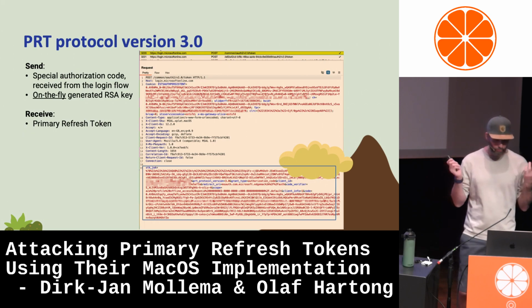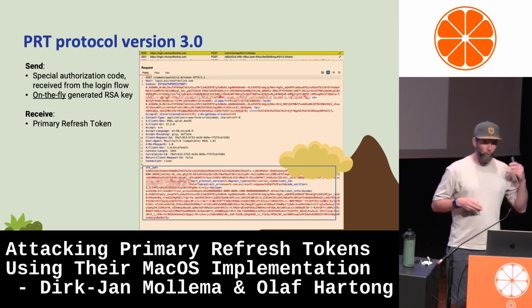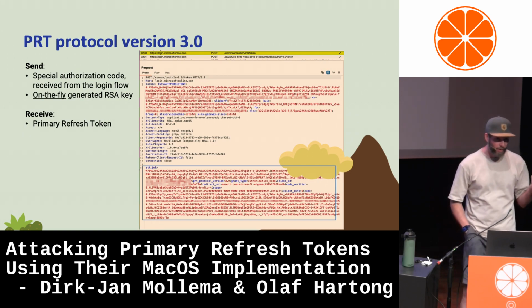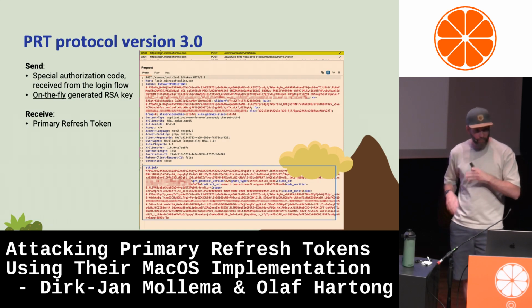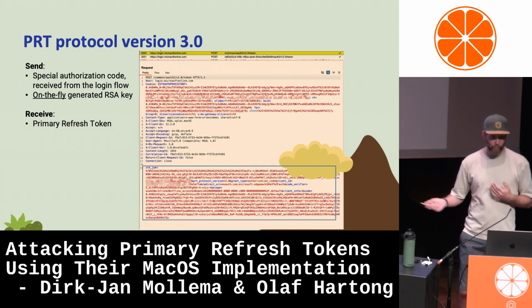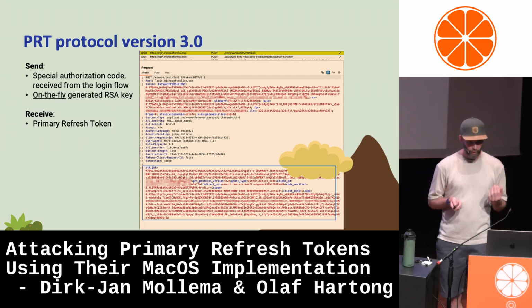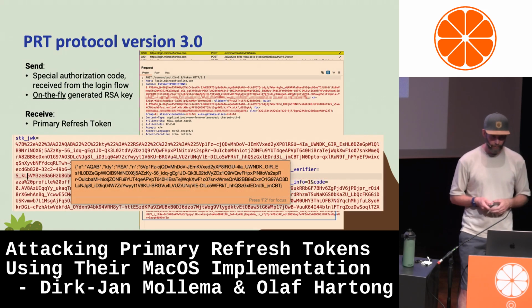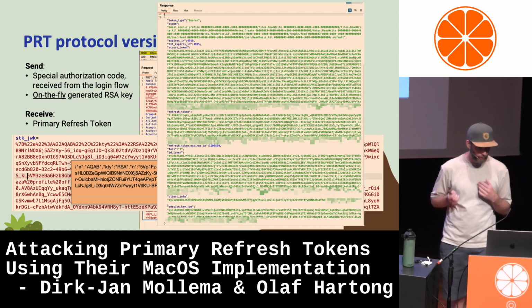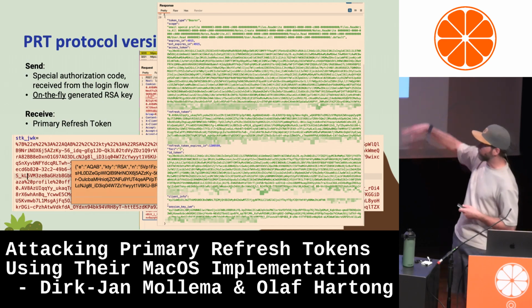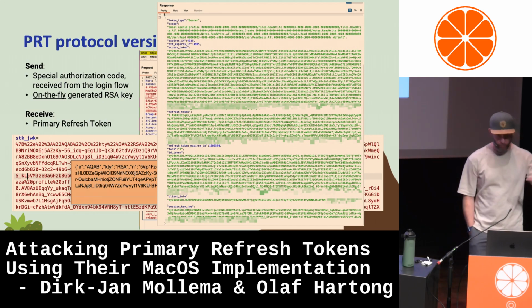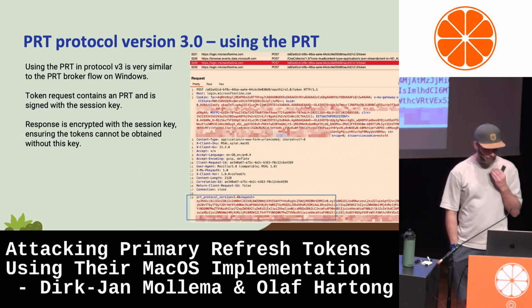It will on the fly generate that RSA key, and it will receive a primary refresh token back from the Entra portal with the session key, right? And from there, it will actually start using that, which is RSA encrypted, and you get all these tokens back. And then from there, you can actually start utilizing this.